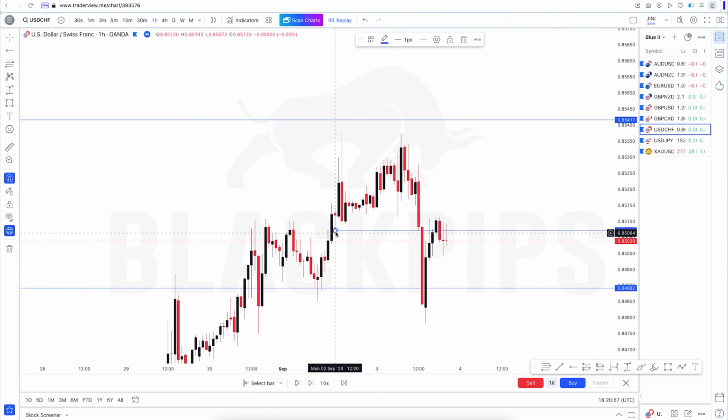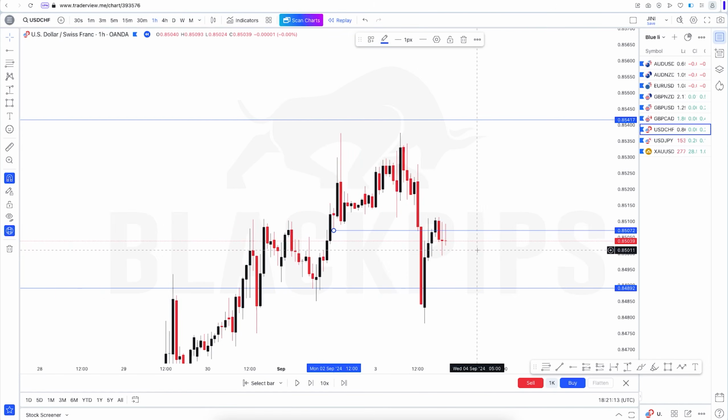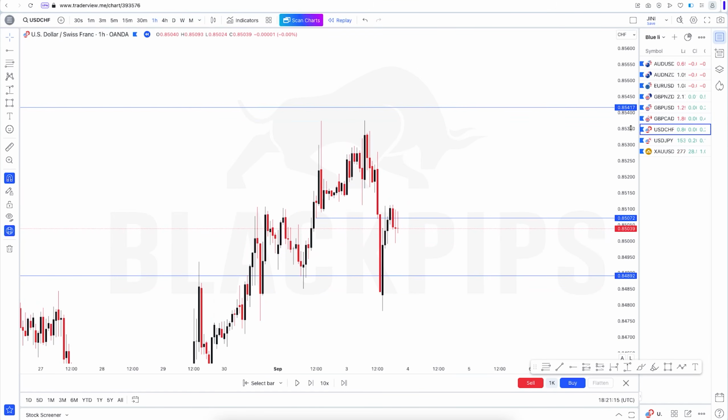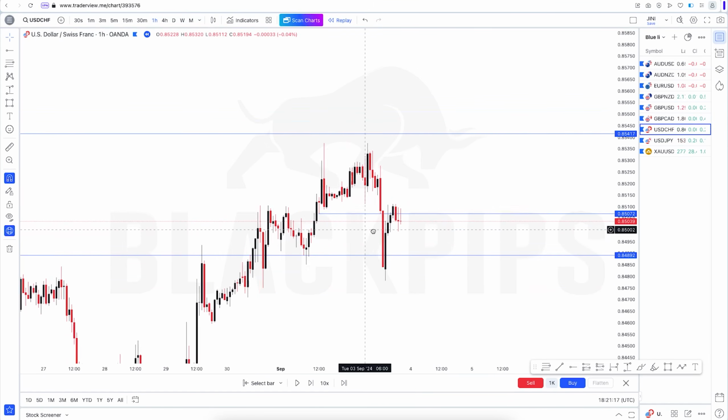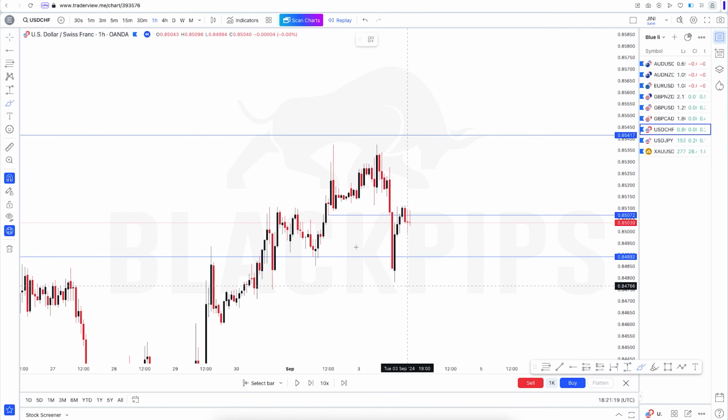Why this one and not this one? It is because this was the low, this was the high, which was broken, and after this break, this high was not broken. So this was the last high broken, and this is where you will put your transition. Maybe you can draw something like this.